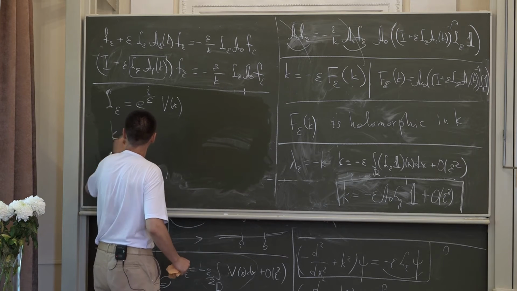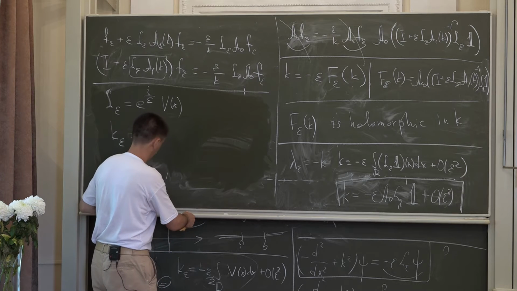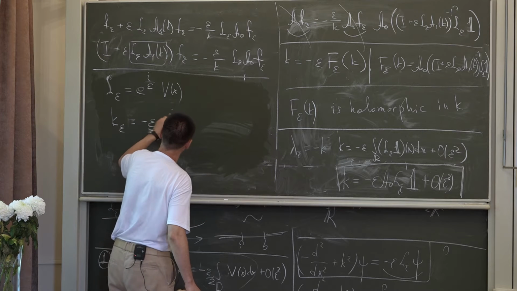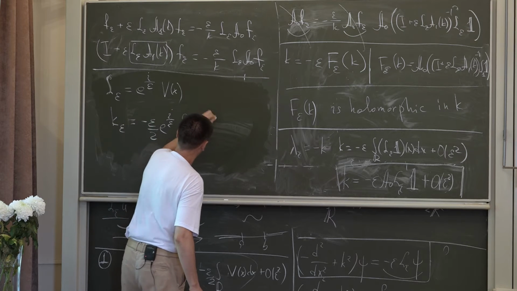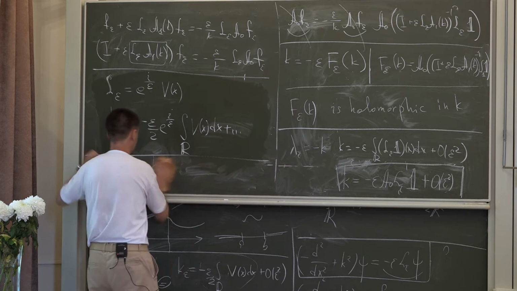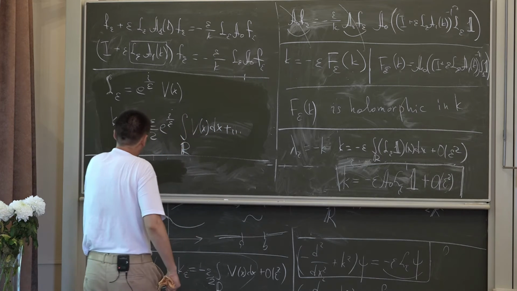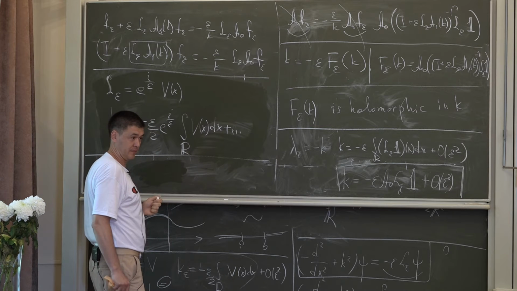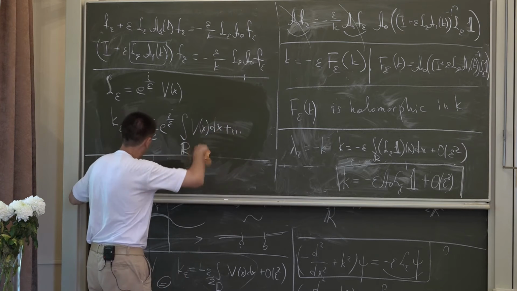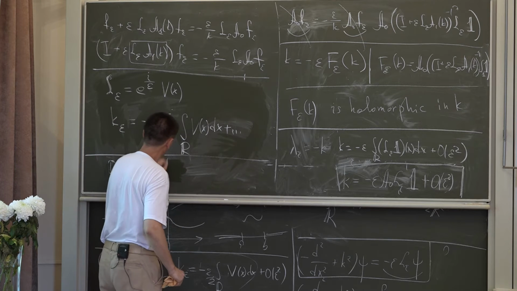And what is the asymptotic for the k epsilon? It will be minus half, actually the same as here, but with this exponent. And now I should take the sign of the real part of the first term. So this real part will be minus 1/2.